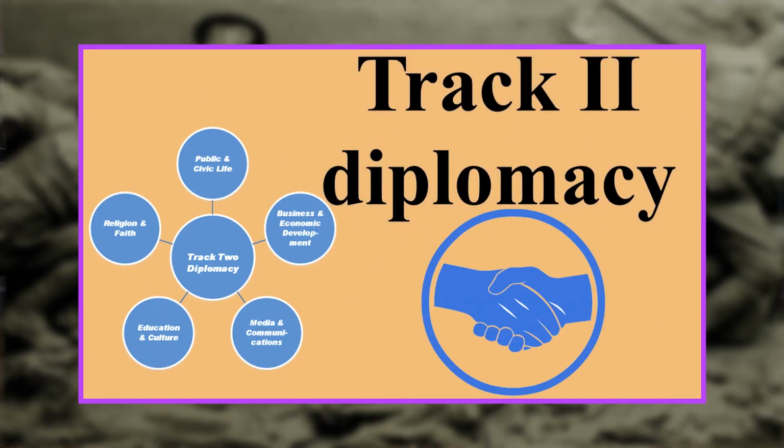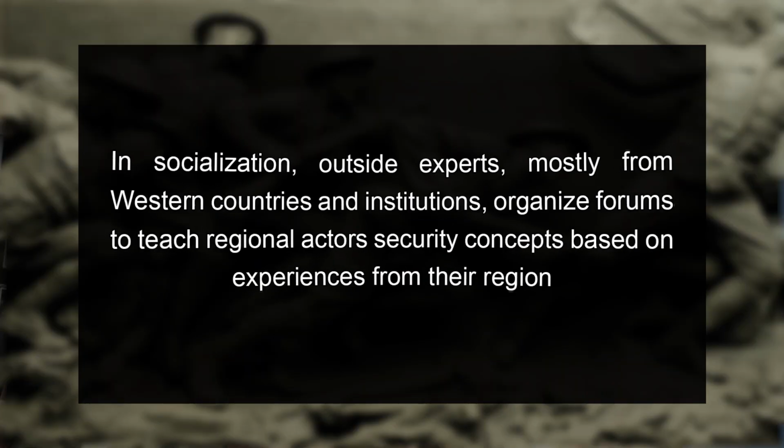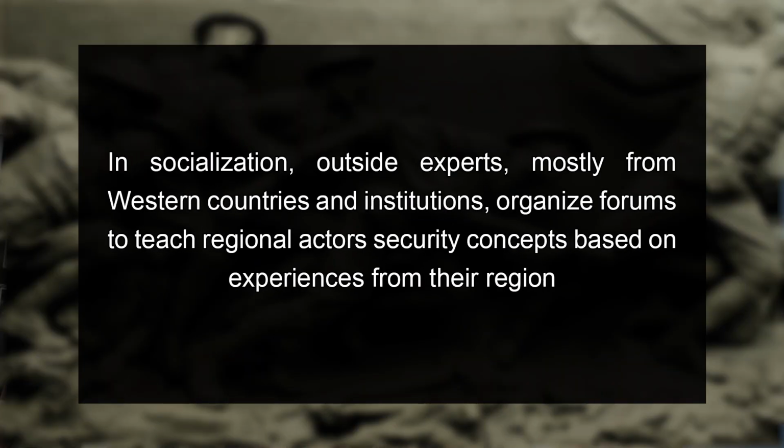Moreover, track 2 diplomacy has allowed the business fraternity to establish independent business networking to promote regional trade and other economic activities over the years. Track 2 diplomacy acts as an agent of socialization. In socialization, outside experts, mostly from Western countries and institutions, organize forums to teach regional actors security concepts based on experiences from their region.